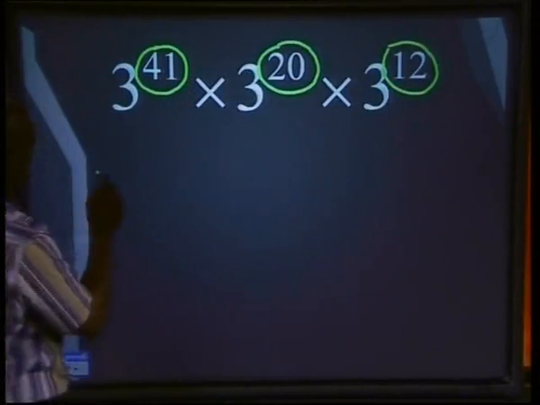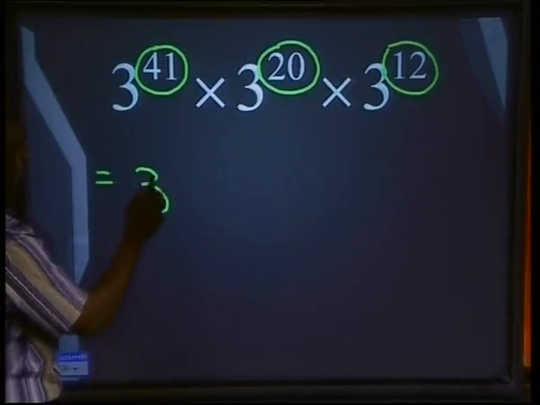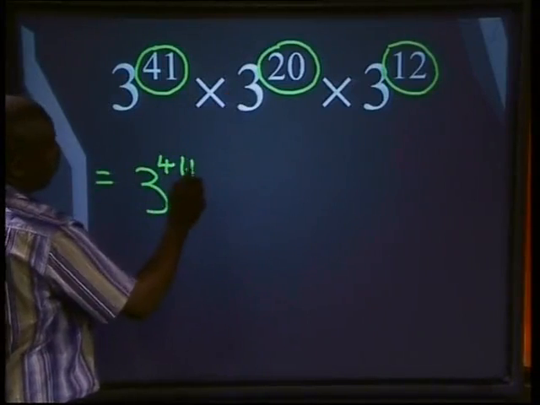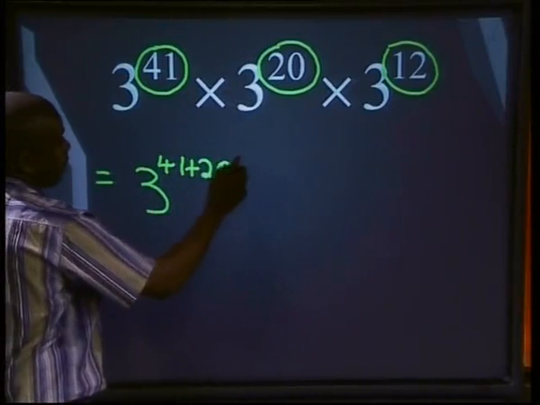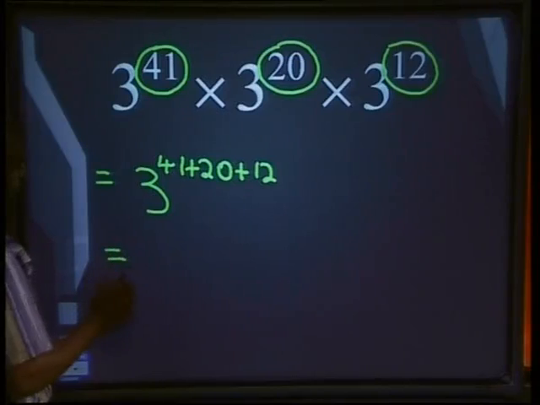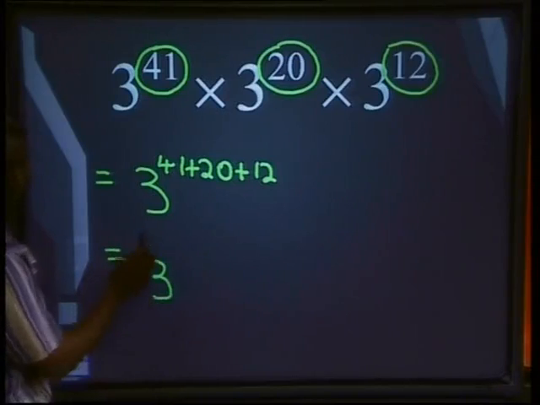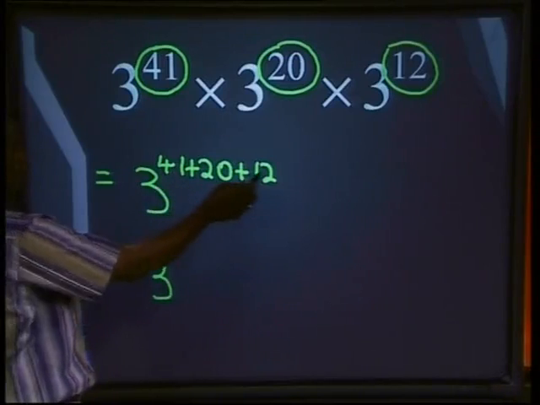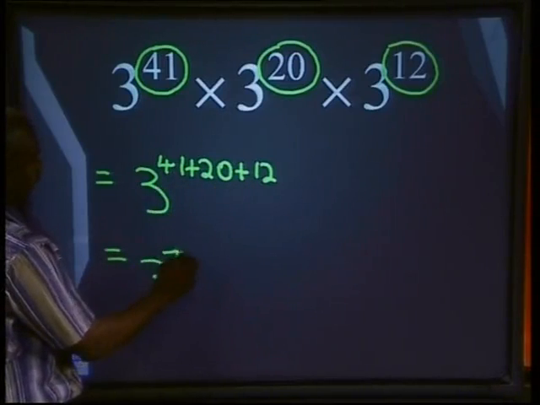In this case, that means we'll have 3 to the power 41 plus 20 plus 12. 41 plus 20 gives us 61. 61 plus 12 will be 73.